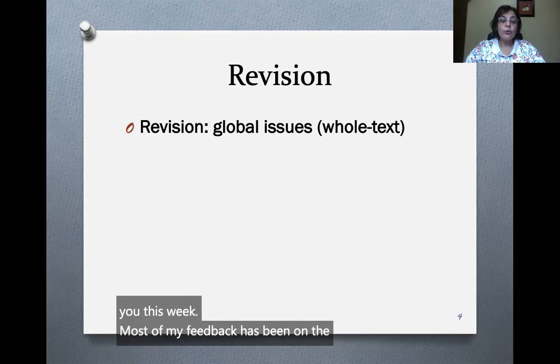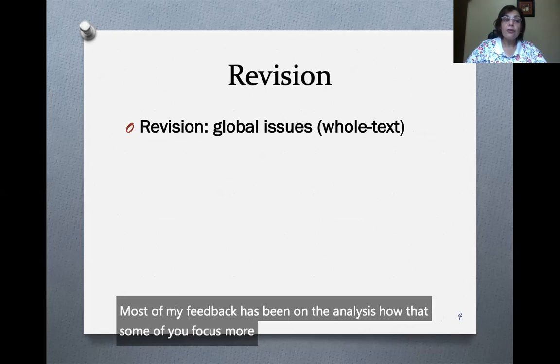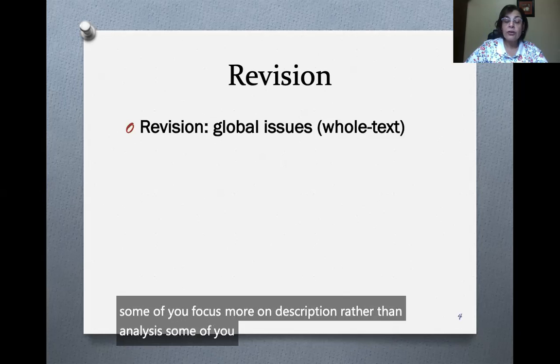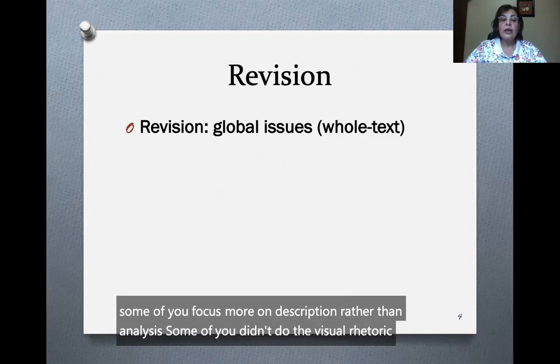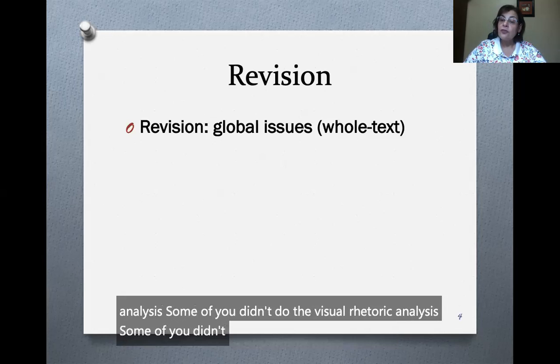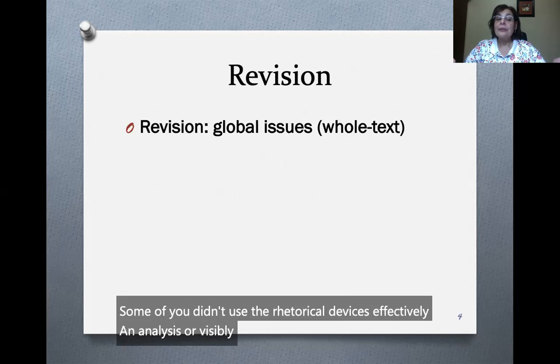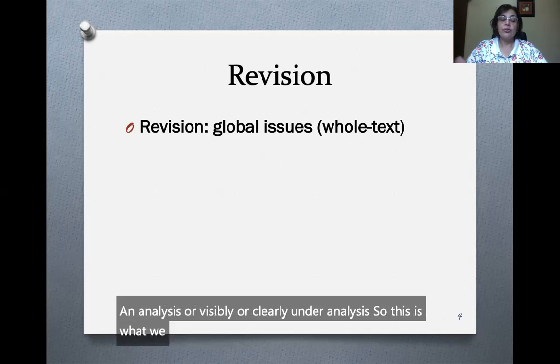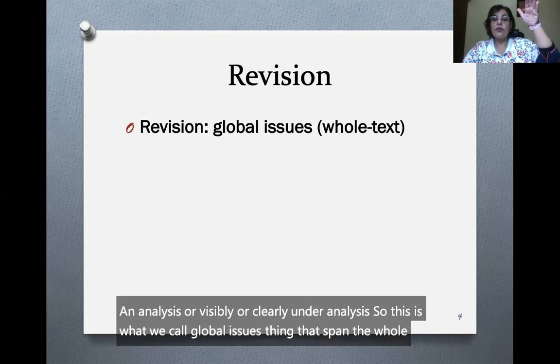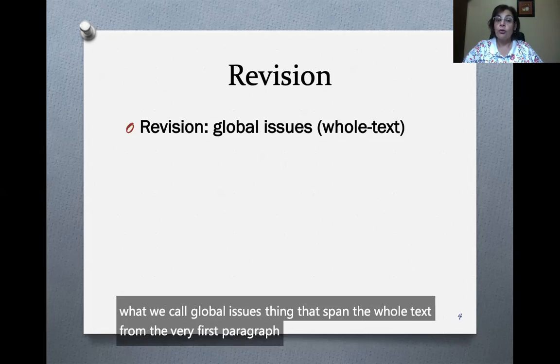Some of you focus more on description rather than analysis. Some of you didn't do the visual rhetoric analysis. Some of you didn't use the rhetorical devices effectively or visibly or clearly in your analysis. So this is what we call global issues, things that span the whole text from the very first paragraph to the very end of the conclusion.